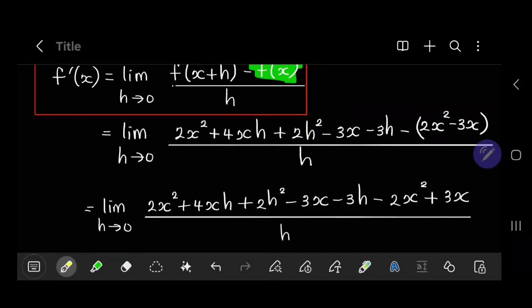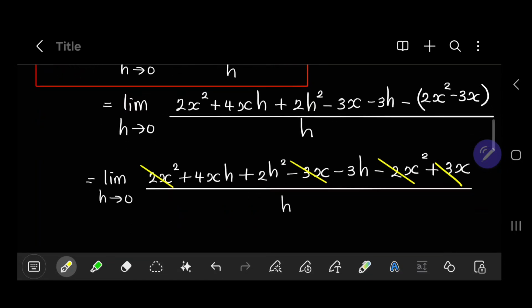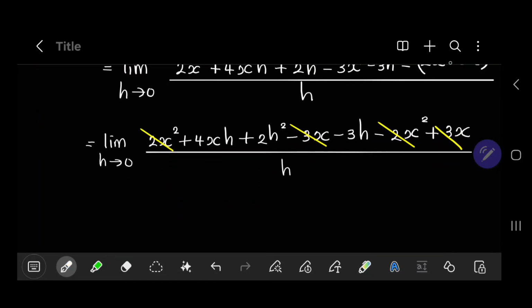Remember, at this point, once you multiply that negative into the bracket, there are always going to be terms that cancel out. So we've got 2x squared minus 2x squared. There's a minus 3x and a plus 3x. They cancel out with each other.